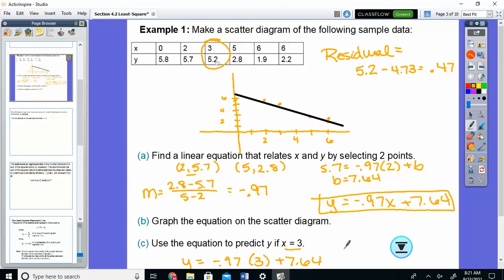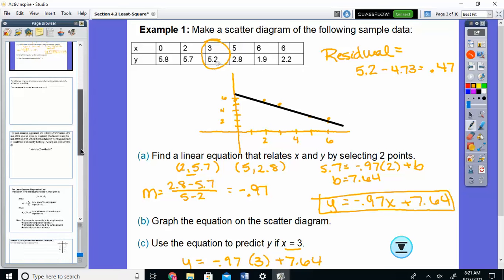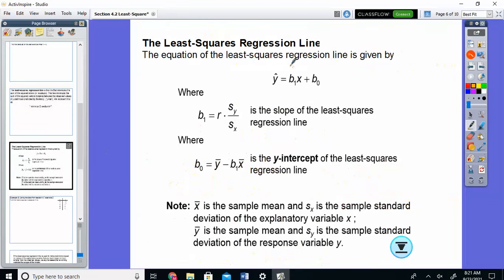We're also going to talk about the regression line. So the least squares, we just did a line of best fit here. The best line we can do is what's actually called the least squares regression line. Now, you don't have to write all this down. If you look on your chapter 4, this is the thing right under your correlation coefficient. So it's just your equation of the line.